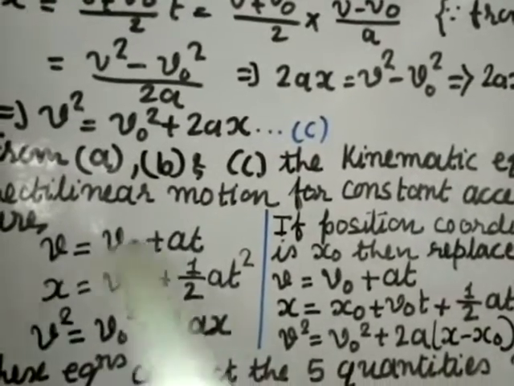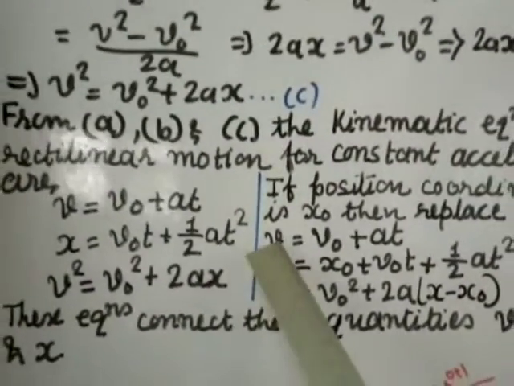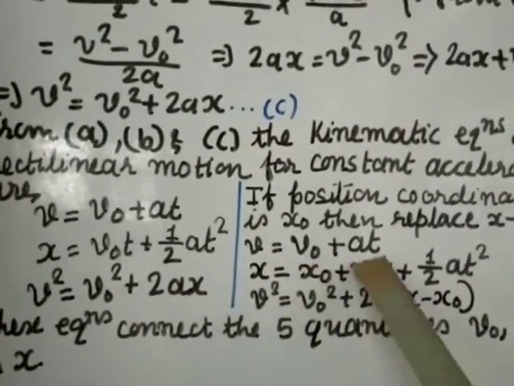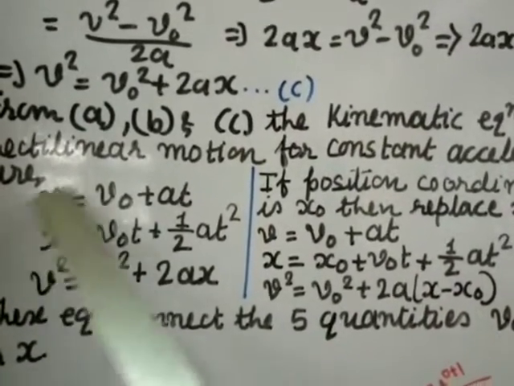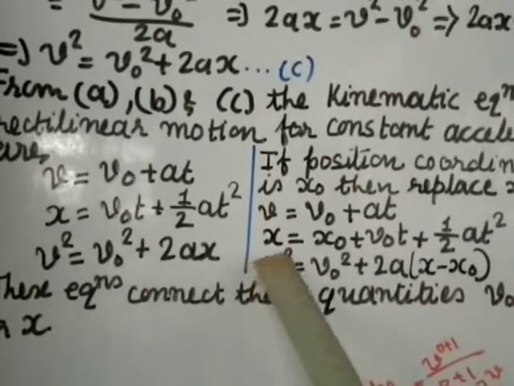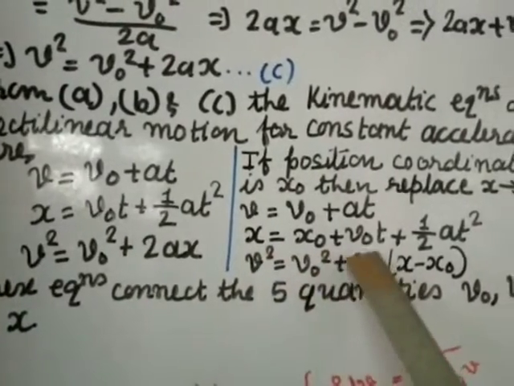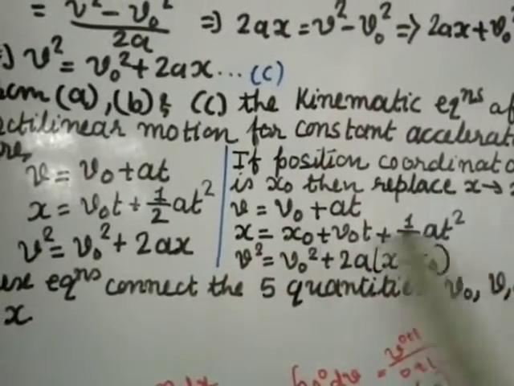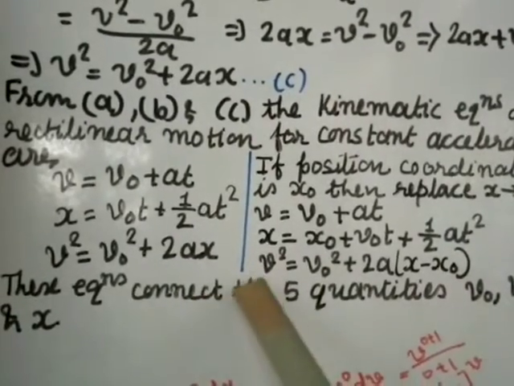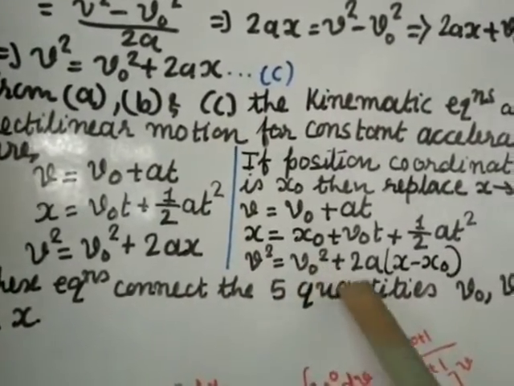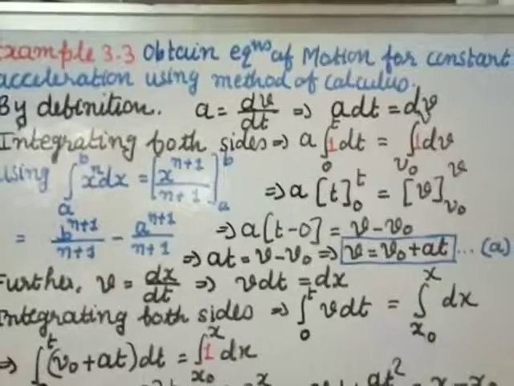In the first equation there is no x, so I'll write it as it is, v is equal to v0 plus at. In the second, you put x minus x naught, and that minus x naught transferred over here becomes plus, so you get x is equal to x naught plus v0t plus 1 by 2 at square. In the third, you put x minus x naught, so you get the equation v square equal to v0 square plus 2a (x minus x naught).